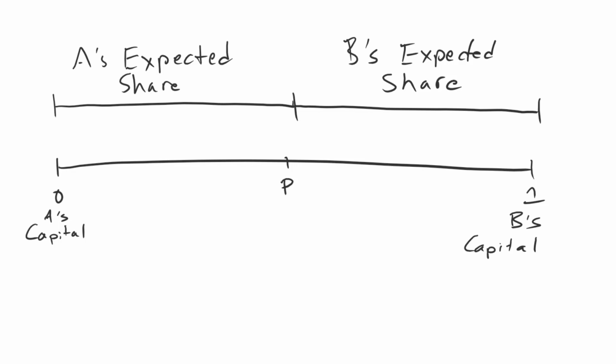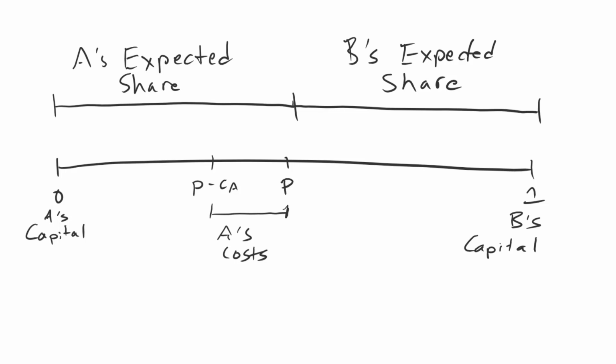If you fight a war, there's also a cost associated with doing that. So let's plot that on this interval in the following way. Let's think about this quantity right here, representing A's costs. That makes this value here P minus CA.